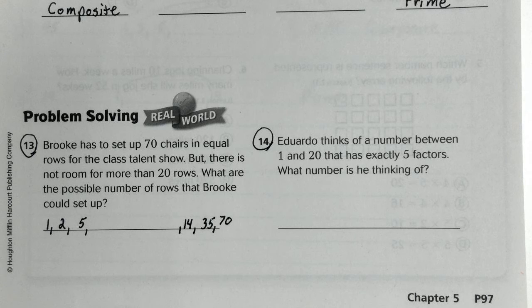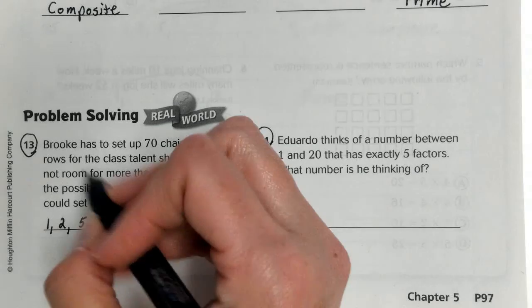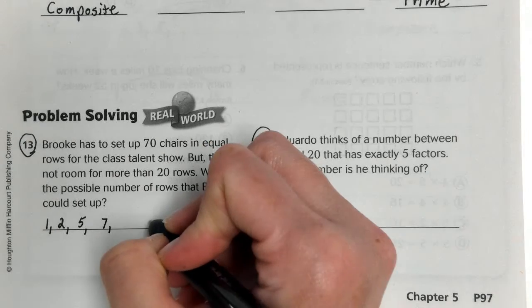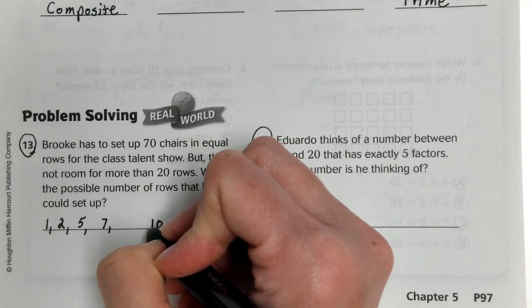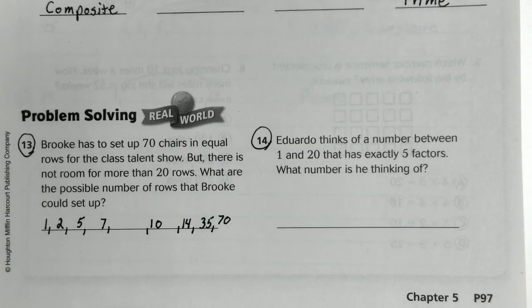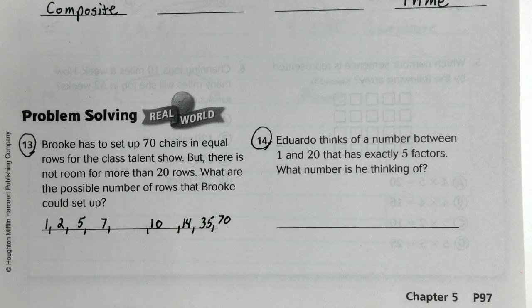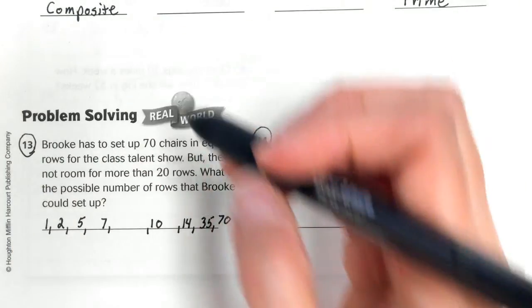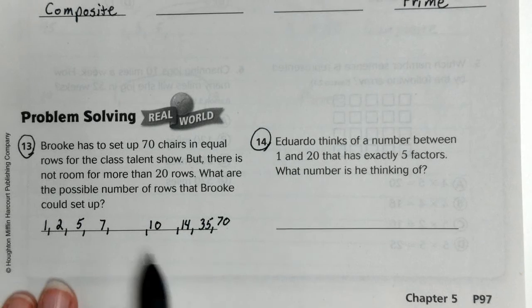What about 7? 7 times 10, because this is 70, and I know that 7 times 10 equals 70. 8? Here's a hint. 8 times 9 is 72. So neither 8 nor 9 is going to factor to 70. Okay.